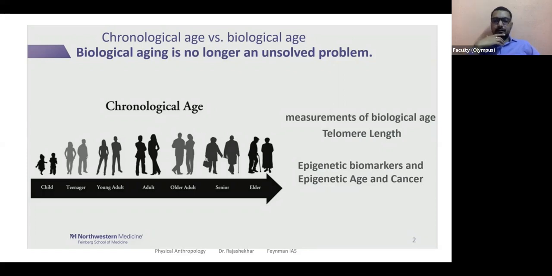Genomic imprinting, I talked about epigenetic changes or methylation pattern changes. So even that methylation pattern or epigenetic biomarkers can be used in predicting the age. Also the risk for cancers and the risk for non-communicable diseases can be calculated from that. So telomere length and identifying the epigenetic biomarkers like methyl groups.